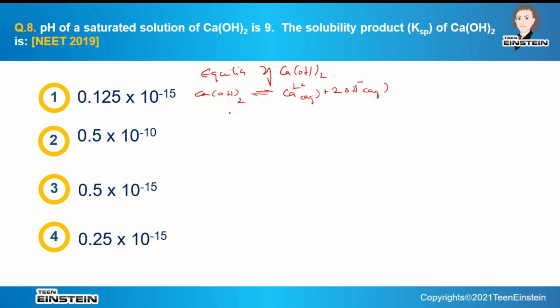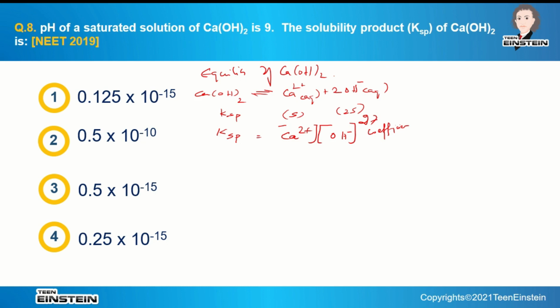We can write down the solubility as S: this one is S, this one is 2S. Next, we write the equilibrium concentration expression: Ksp is equal to the Ca2+ concentration times the OH− concentration squared. Here the 2 is the coefficient.